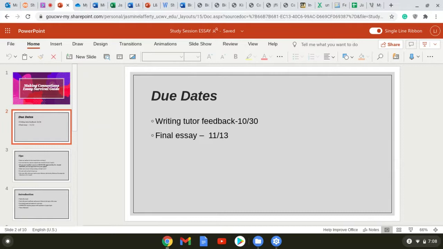But don't feel bad if you go and you have a lot of red marks, or however they mark it on a computer now. That's why you take it there, to make it better. You should do the best that you can do, because then the writing tutor will be able to make your paper that much better. Okay? Now, if you have not made a writing tutor appointment yet, do so ASAP.